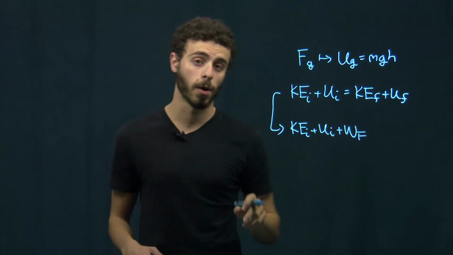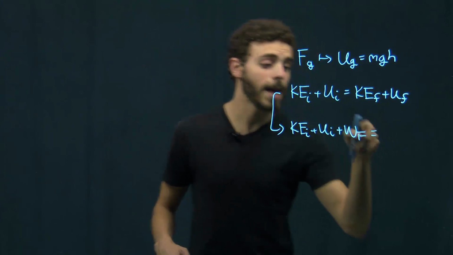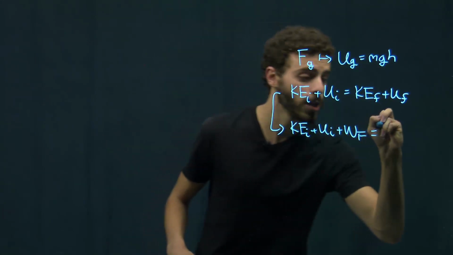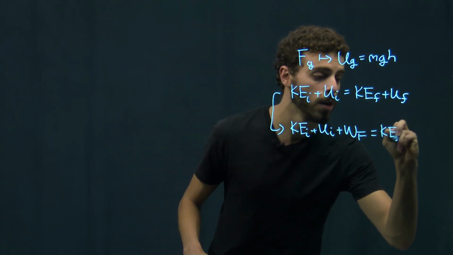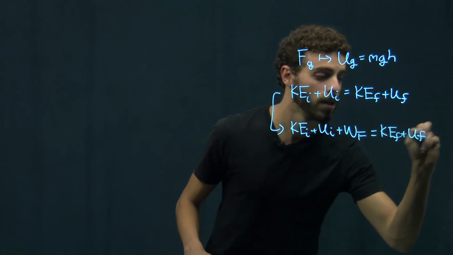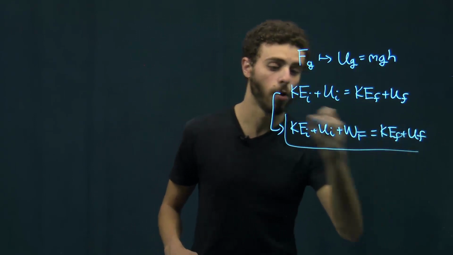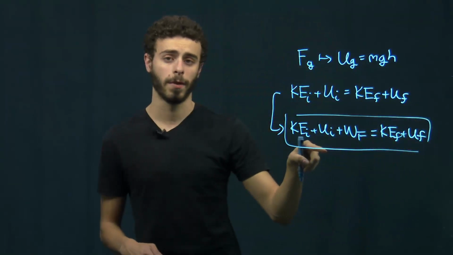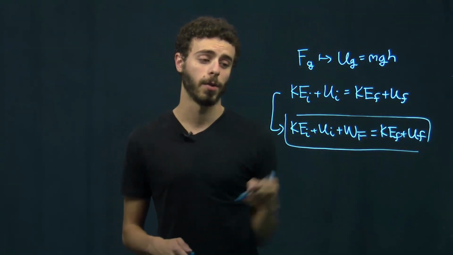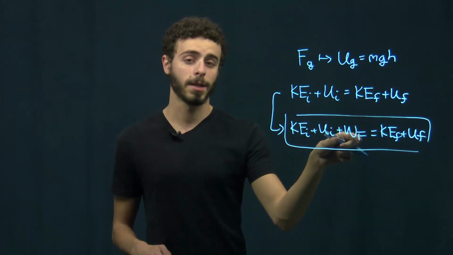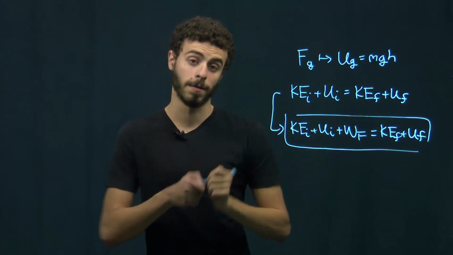So W_F is the work by the non-conservative force. And that's just going to tell us the change of mechanical energy. So that will get us straight to the final mechanical energy. So this right here is just going to be our general scenario when we don't have only conservative forces. When there's a non-conservative force acting, this will be our general equation. Our mechanical energy plus the change in that mechanical energy is going to be equal to the final.